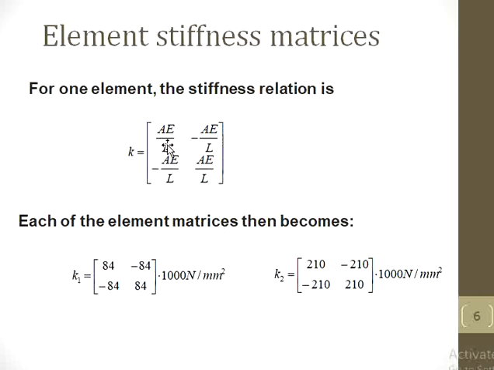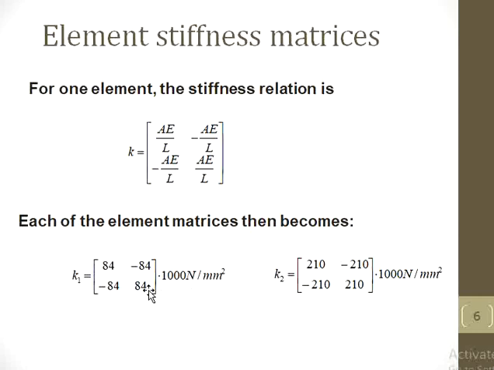After putting in the respective values, that is AE by L, we get the element stiffness matrix for element 1, that is 84 into 1000. So for simplicity we write only 84, or if you multiply 1000 into 84, it is 84000. This is only for simplicity.